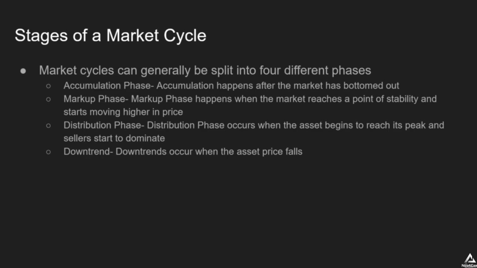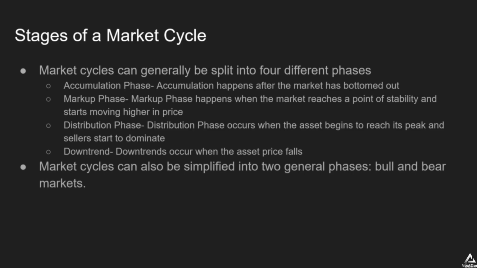Now, to simplify things, we can also divide these cycles into 2 different phases: a bull market where the price moves upward, and a bear market where the price moves downward.